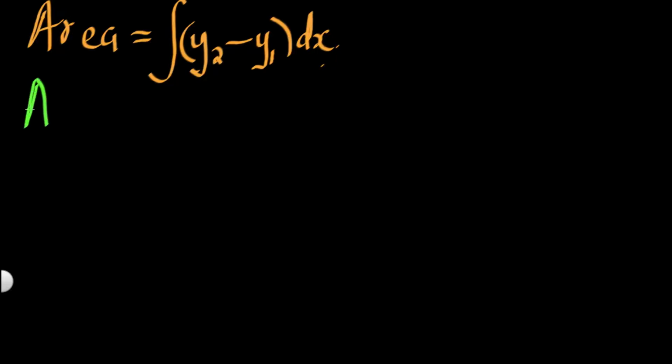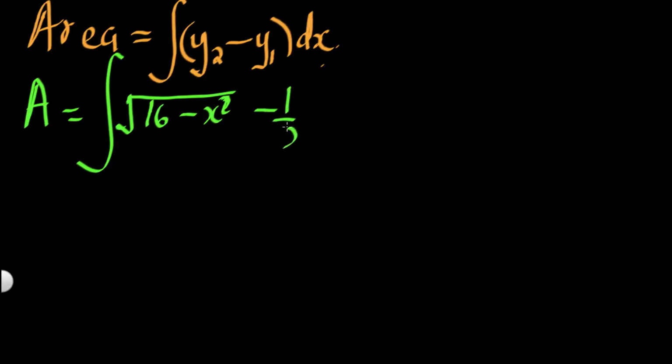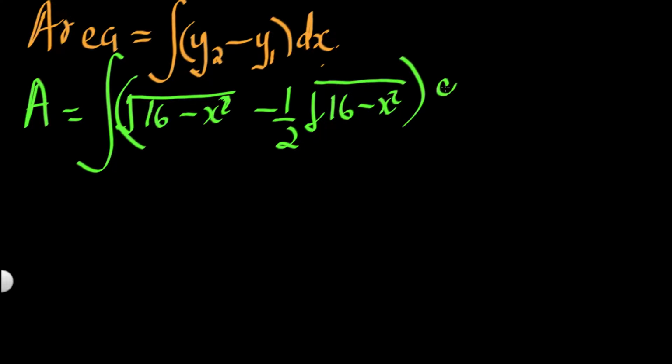The area A is equal to the integration of my y2, the circle equation, which is the root of 16 minus x squared, minus half the root of 16 minus x squared, all of this dx, and we're integrating from 0 to 4. Very, very important that you do this.